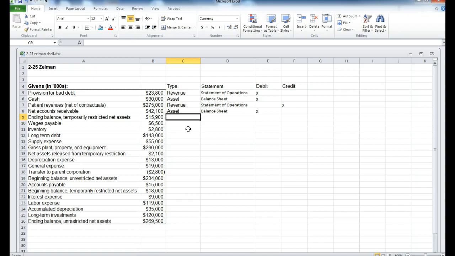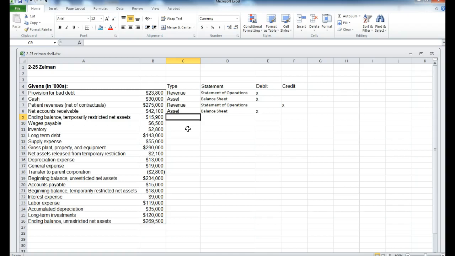Net assets is our assets less our liabilities equals our net assets. Because in a not-for-profit entity, we don't have equity because there's no shareholders. Nobody owns the company. The company operates for the benefit of either the state or another entity, another nonprofit entity.